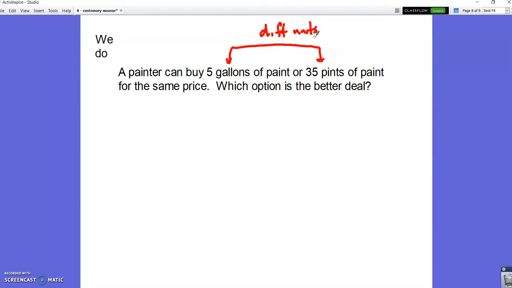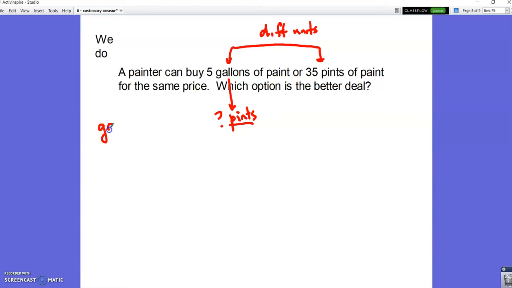And when you have different units, it is hard to know which one's the better deal. So what I want to do is see how many pints 5 gallons is. Because if I knew how many pints that was, I could see which one is more pints, and then I would know.